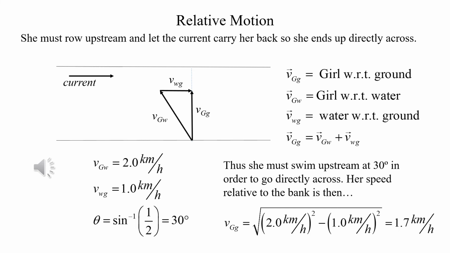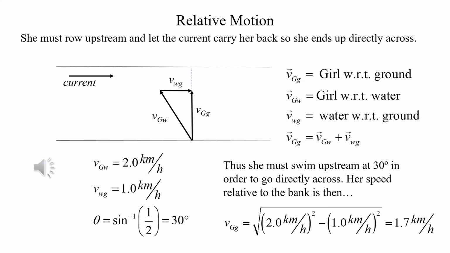So with the current flowing, she has to row upstream and let the water carry her back to the point directly across. So she's actually going to row a greater distance with respect to the water. So it's going to take her longer to get across the stream, but she ends up going straight across where she wants to go.